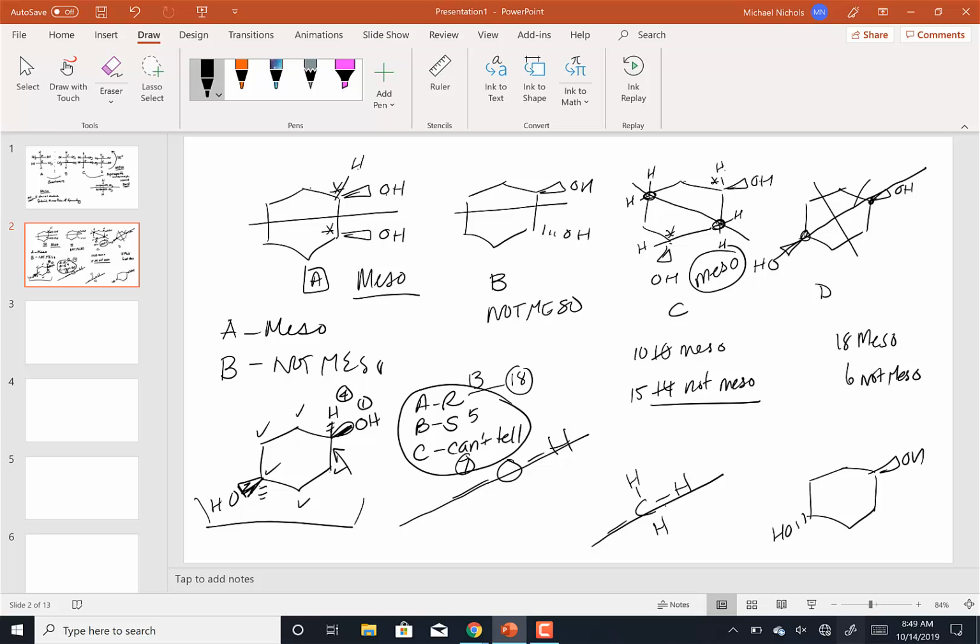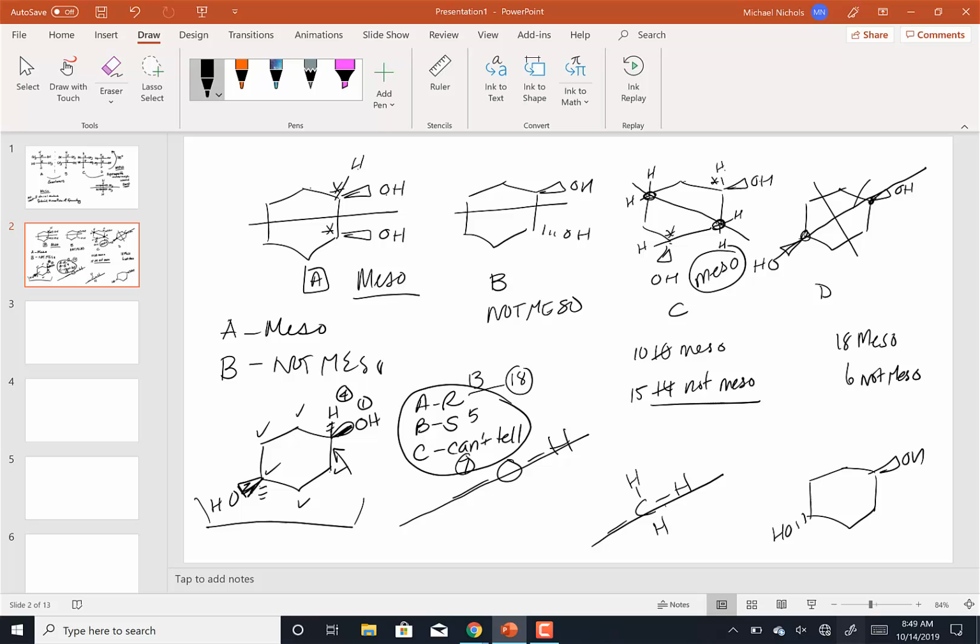No, cis and trans also refers to cyclohexane rings, or any cycloalkane ring. So this is important. Going back to where we were for the last exam, cis-trans not only refers to the double bond stereochemistry, but it also refers to the ring stereochemistry.